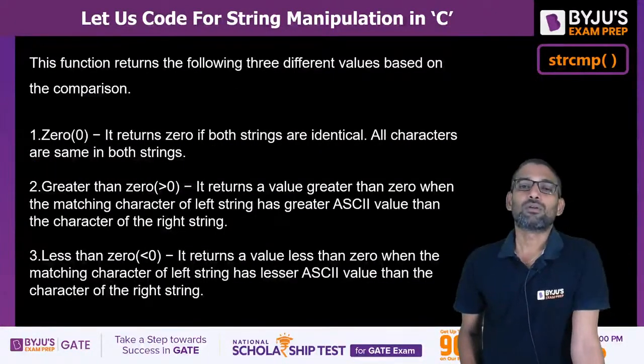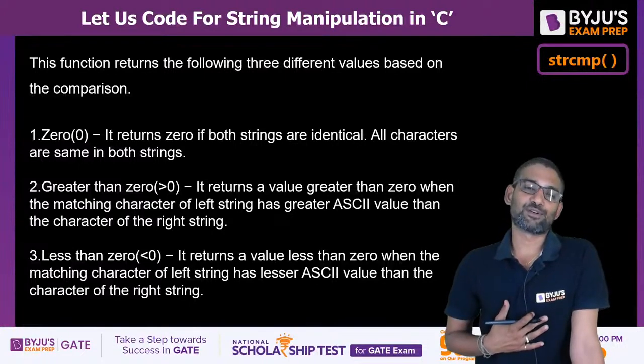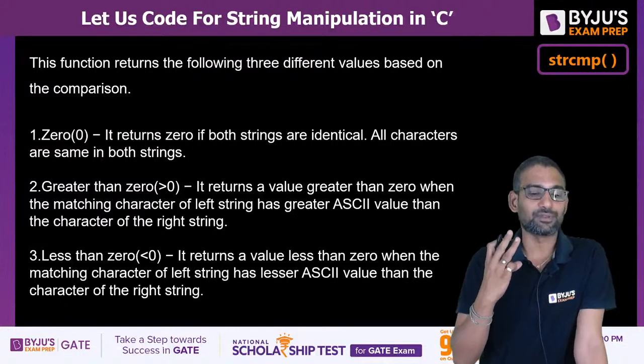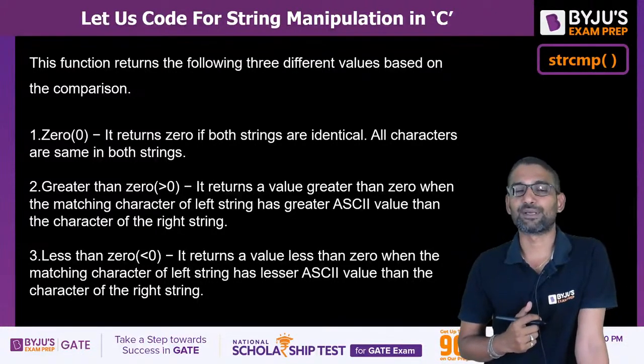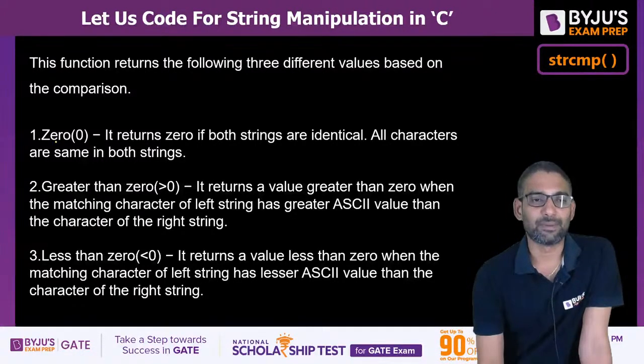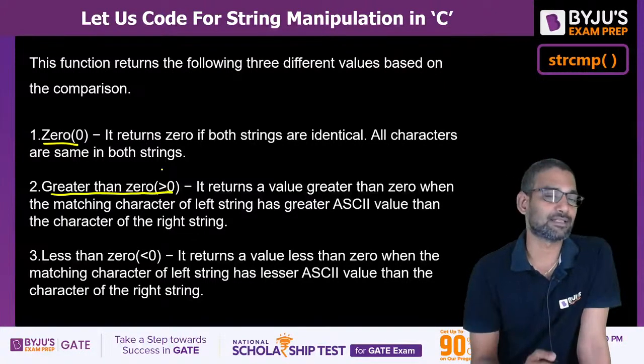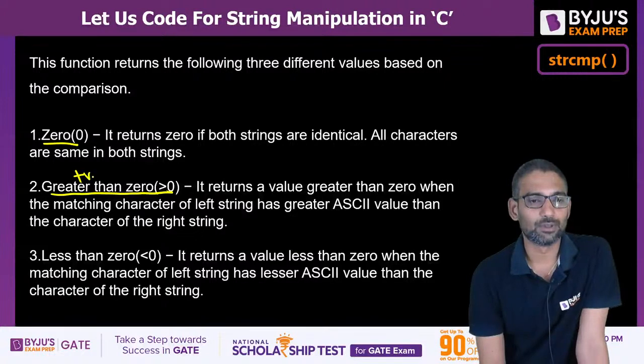So, what is the return value of this function? It may return either of three values, dear friends. It may return 0, or a positive value, greater than 0, or a negative value, less than 0.